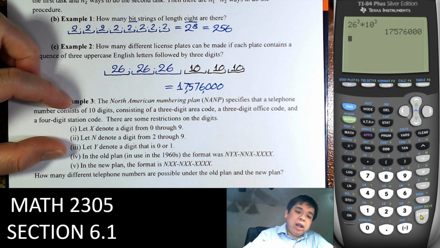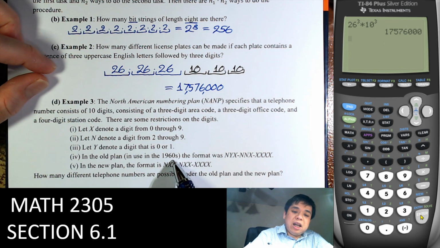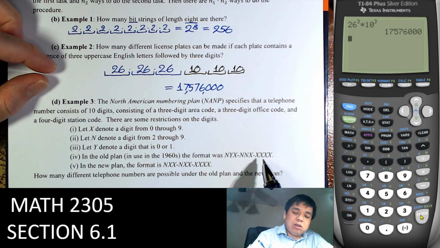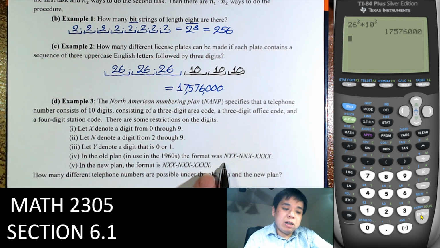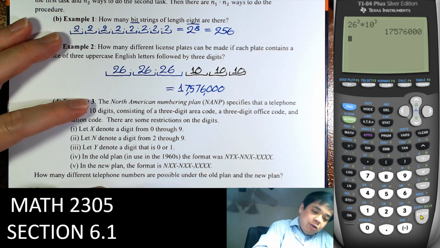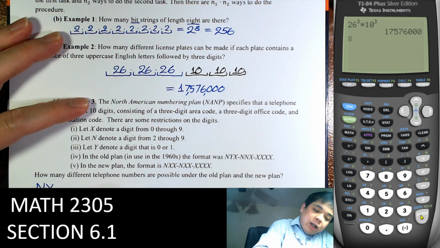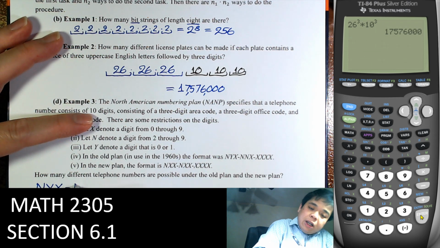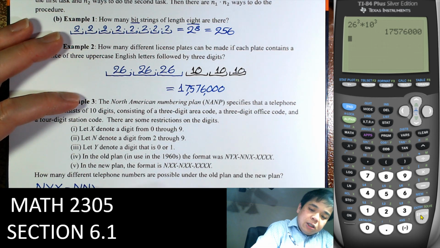The old plan used in the 1960s had the format NYX, NNX, and XXXX. In this format, how many possible numbers can we have?